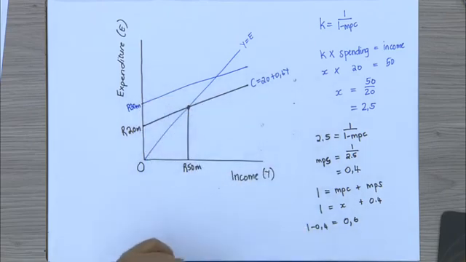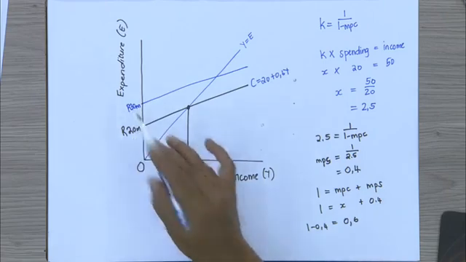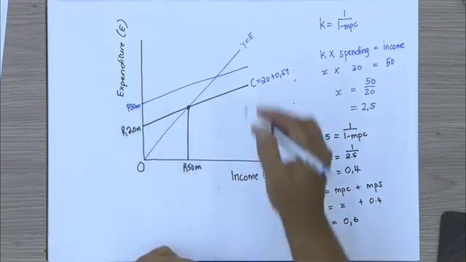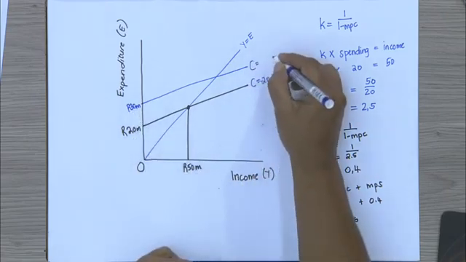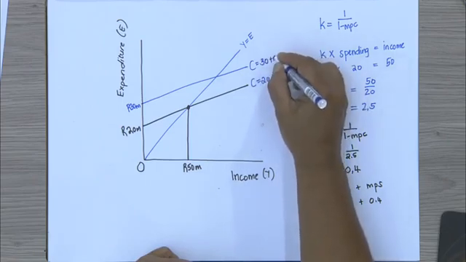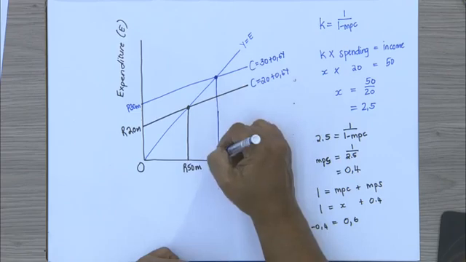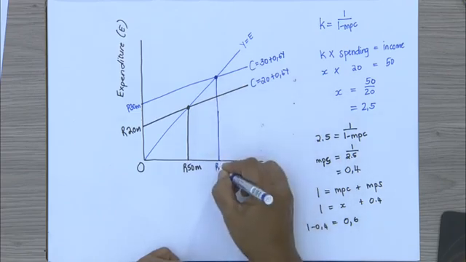If it said by 30 million, then that would be a 50 million investment. Okay, so which means your new consumption function is C is equal to 30 plus 0.6y, and as we worked it out earlier on, that 30 will then become 75 million.